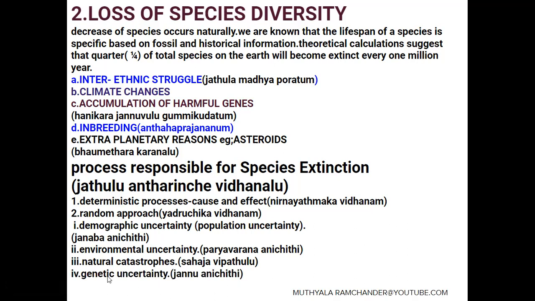Genes play a major role in the survival of species' life cycles, like the human life cycle and animal life cycle. So genetic material plays a major role in completing the life cycle in a smooth manner. If the genetic material is in uncertainty, the living organism may become extinct.